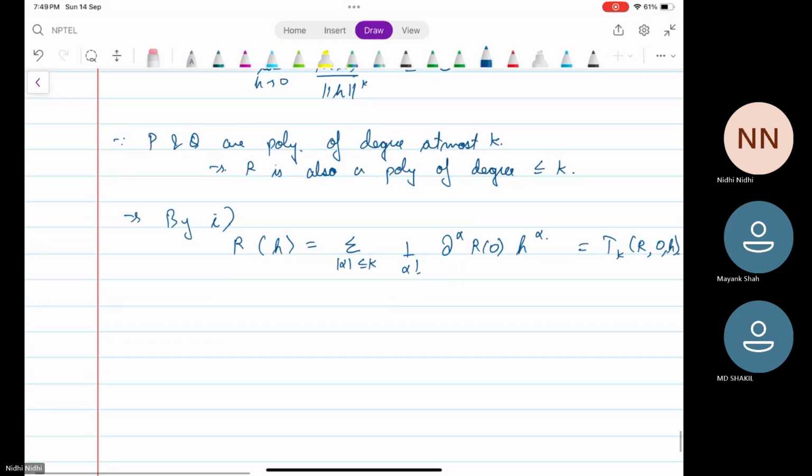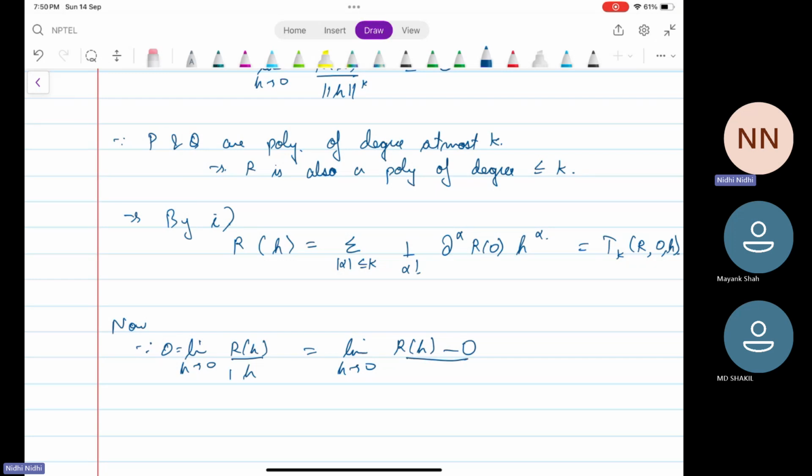Now since the limit as h tends to 0 of r(h) by norm h to the power k is 0, I can write it as the limit as h tends to 0 of r(h) minus 0 by norm h to the power k.